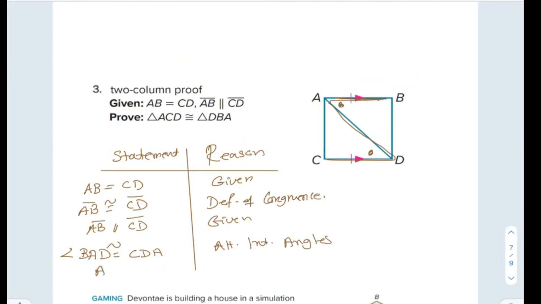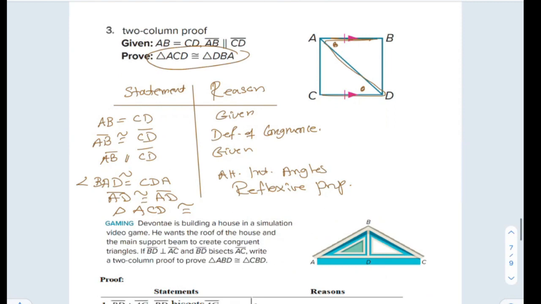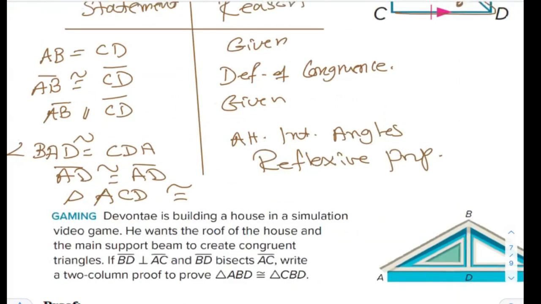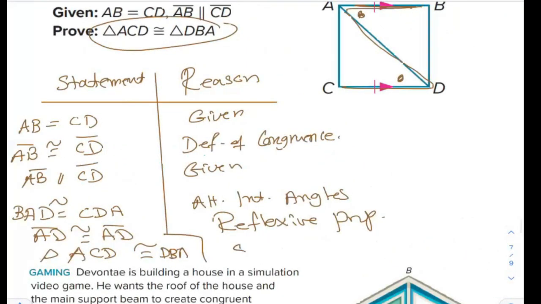As you see, AD is common between them, so it's congruent to itself, and we will say reflexive property of congruence. Did we reach the conclusion? Of course, yes, it's enough now. So triangle ACD is congruent to triangle DBA, and the reason will be side, angle, side. We have side and angle and then side.